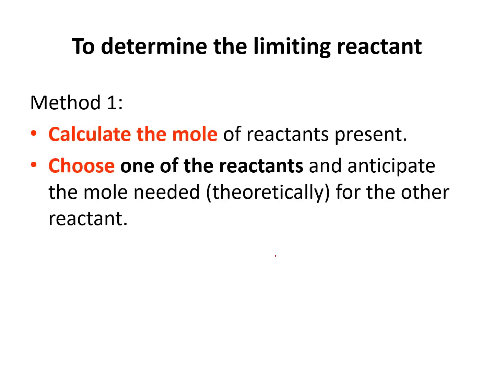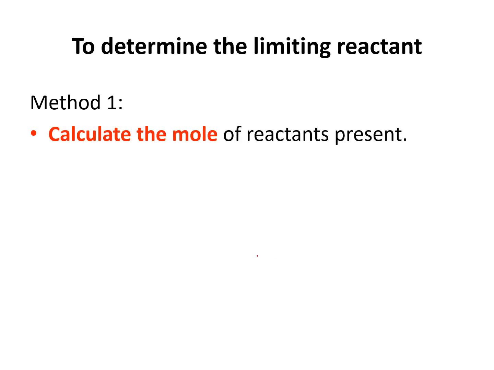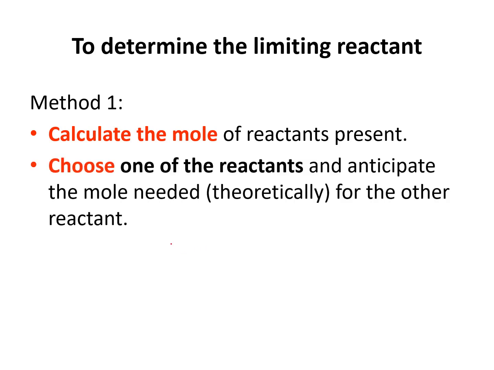Okay. So, in order to determine the limiting reactant, we have 2 methods. Method 1, you calculate the moles of the reactants present. After that, you choose one of the reactants and anticipate the moles needed theoretically for the other reactant.